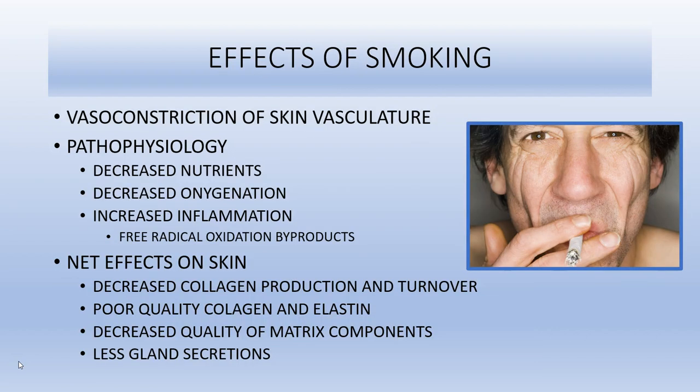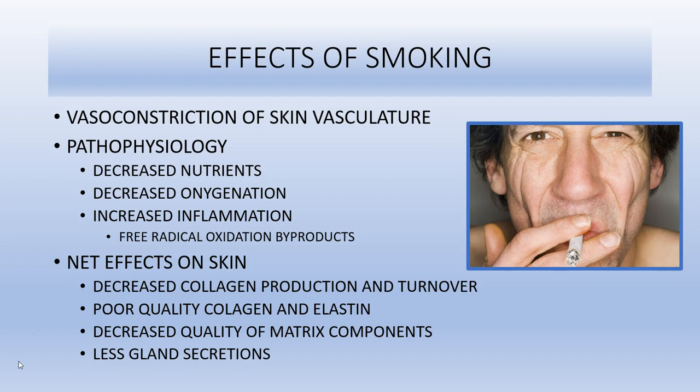Smoking, of course, we counsel our patients that smoking will affect the blood flow to the skin as it does elsewhere. Smoking has significant effects on decreasing oxygenation to the skin, and increasing inflammation to the skin, generating more free radical byproducts, which again are operative in breaking down collagen and DNA.